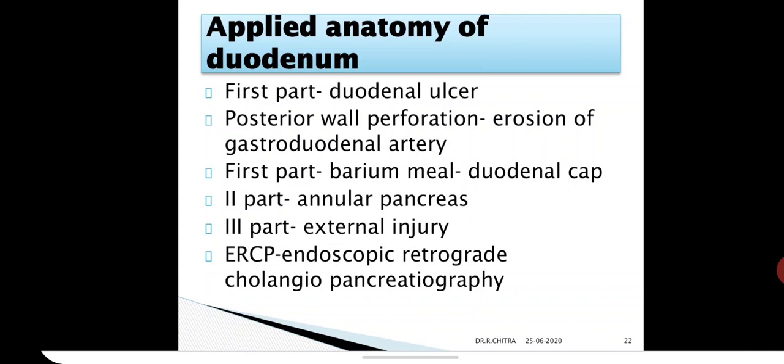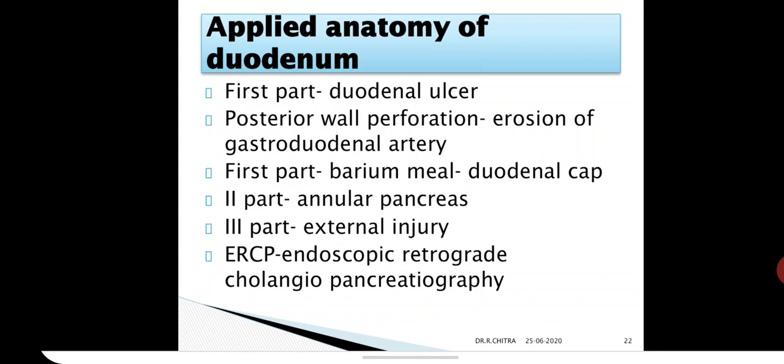The first part of the duodenum usually will be visualized as duodenal cap. What is that duodenal cap? A triangular radio opaque shadow will be observed in the first part of the duodenum after barium meal. Normally it will appear like a duodenal cap. It may be distorted in peptic ulcer or some malignant growth of the duodenum.